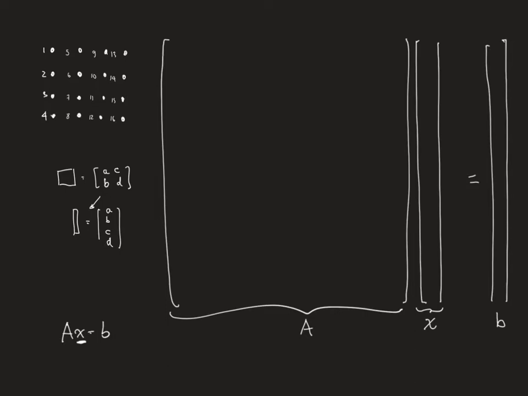Well, what I told you, this is going to be the T vector, and then we will start numbering the nodes. 1, 2, 3, 4, 5, and so on. Let's put here 6, 7, 8, until 16. Okay, this is the first thing.